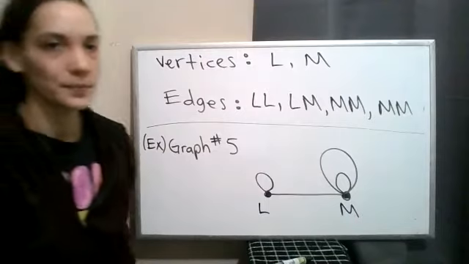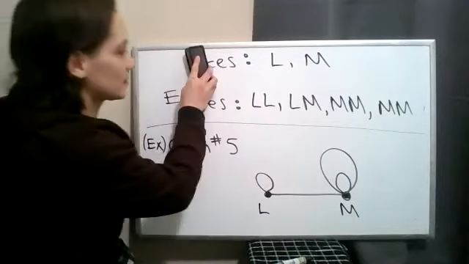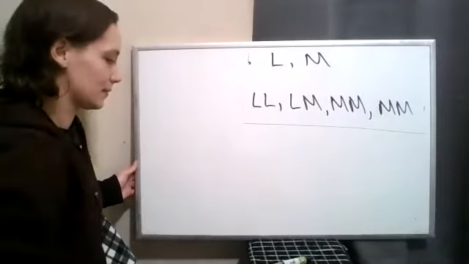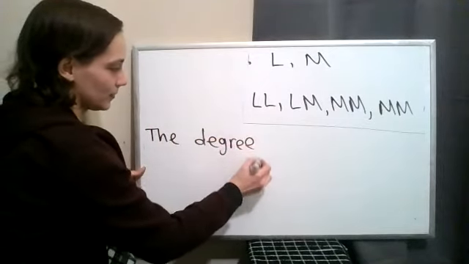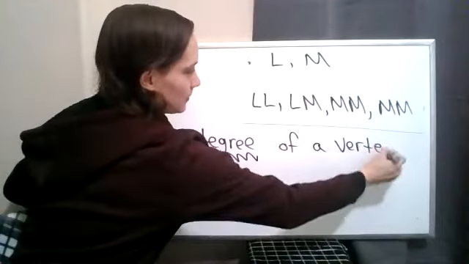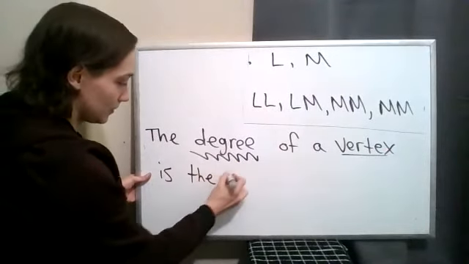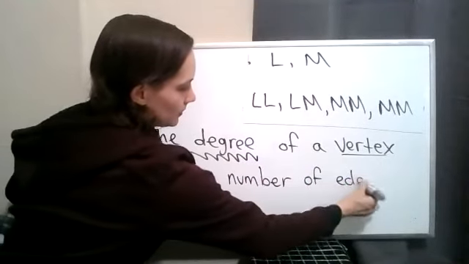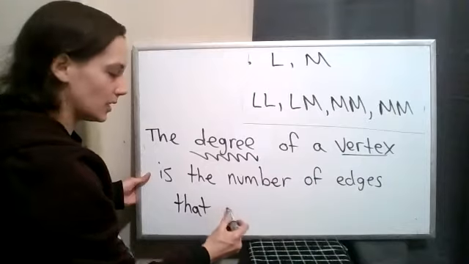So the degree of a vertex is the number of edges that meet that vertex. It's written like this. Meet.